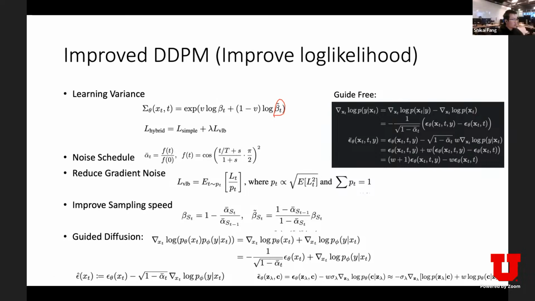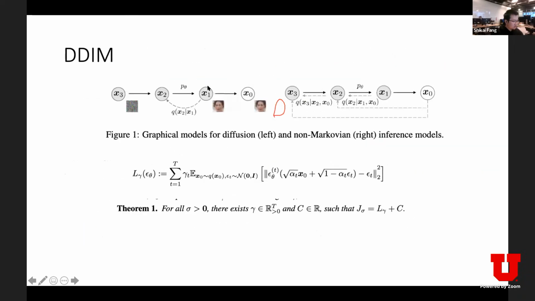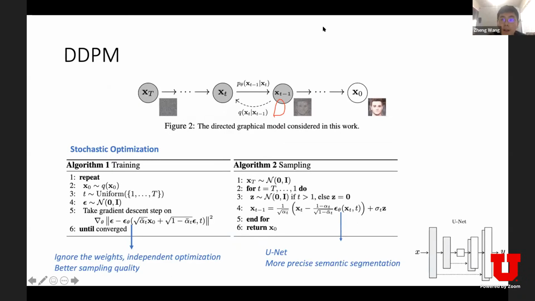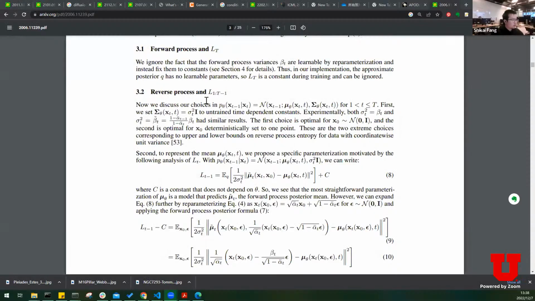Jen, if you check the DPM paper, section 3.2, maybe you can let me share my screen very quickly. Can you see my screen right now? You see right here, they set sigma t equal to beta t, or set it to beta t hat.